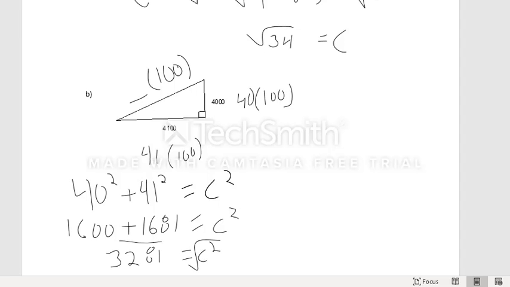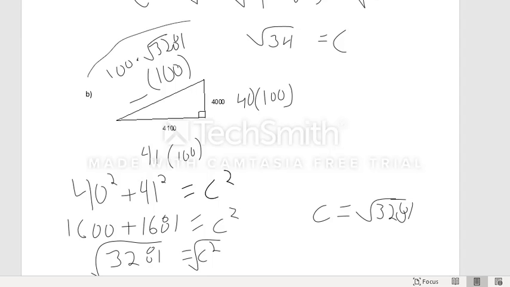Take the square root of both sides, and c equals the square root of 3281. This does not have any perfect square factors, so we can't simplify it further. We can put it back in here, and it'll be 100 times the square root of 3281. And that is the length of that side.